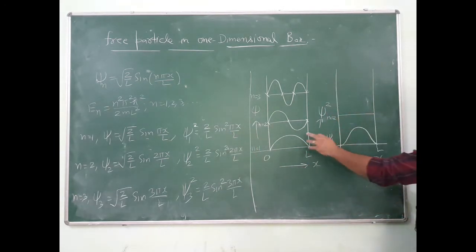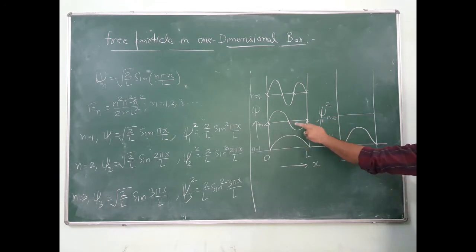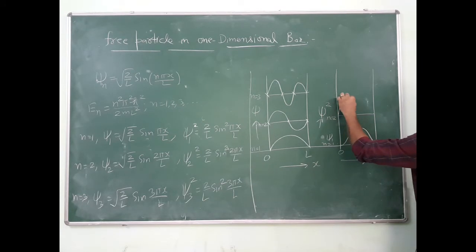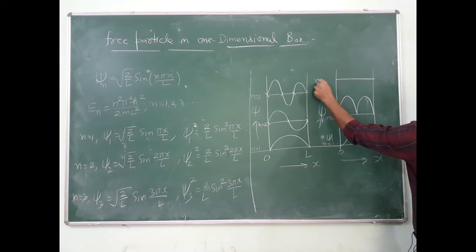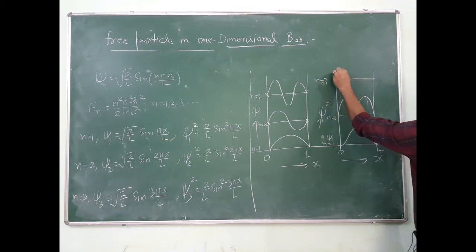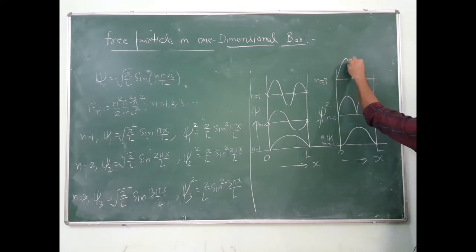So the probability function for n equals 2 will look like this. Similarly for n equals 3, the function will look like this.